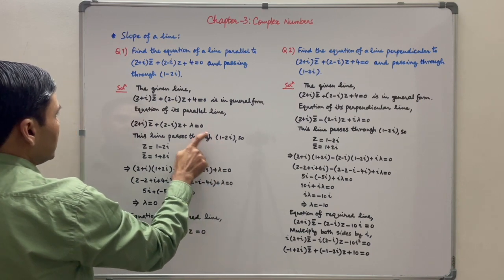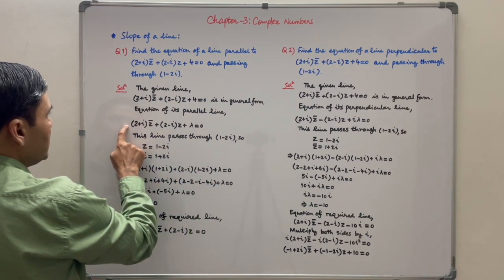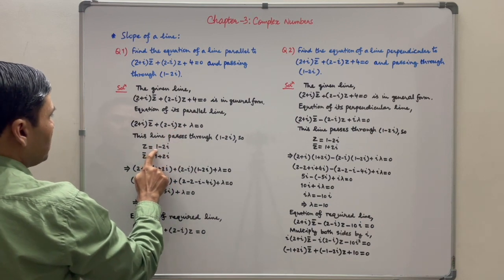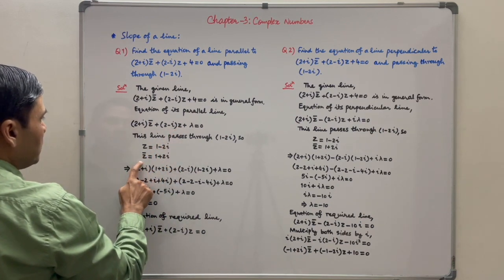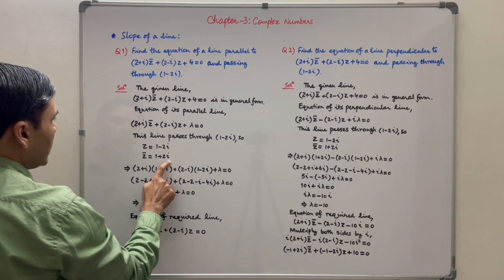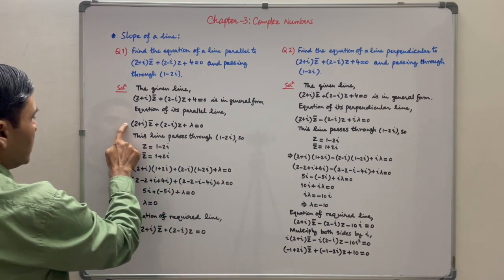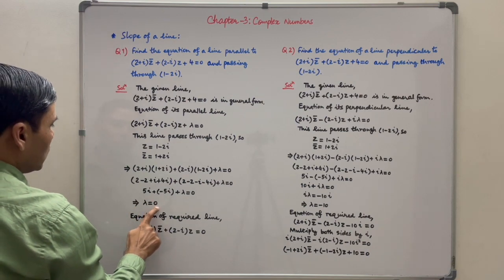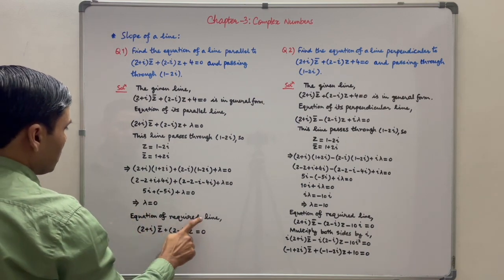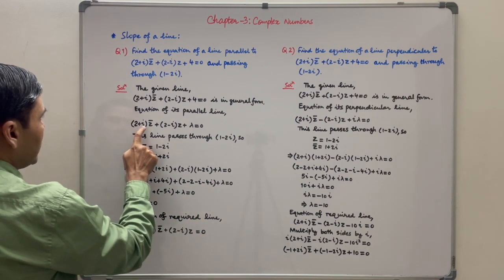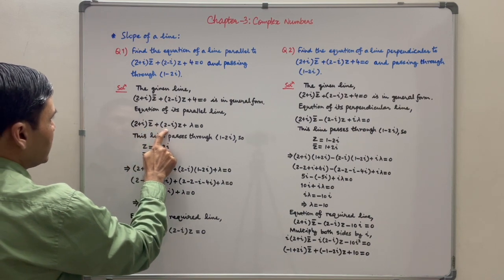So it should satisfy this equation. That means z is equal to 1 minus 2i, so z bar is equal to 1 plus 2i. We will put these values in this equation to get lambda is equal to 0. So the equation of required line will be (2 plus i) z bar plus (2 minus i) z is equal to 0.